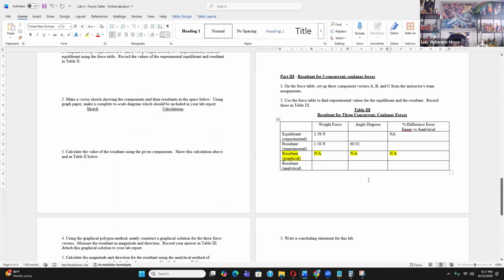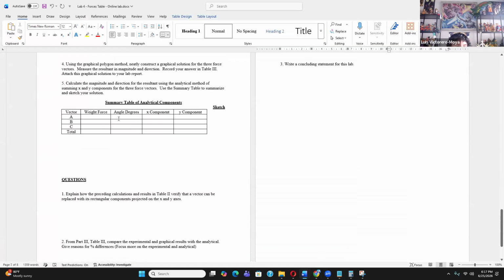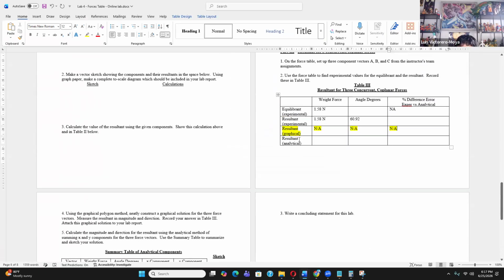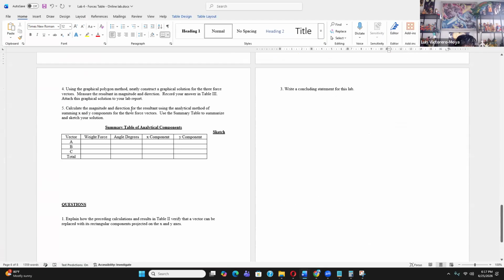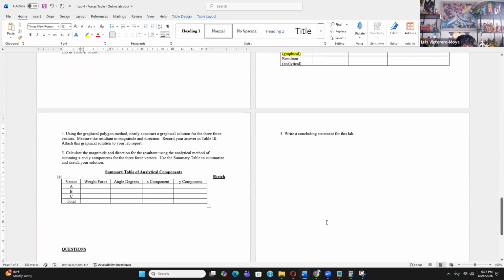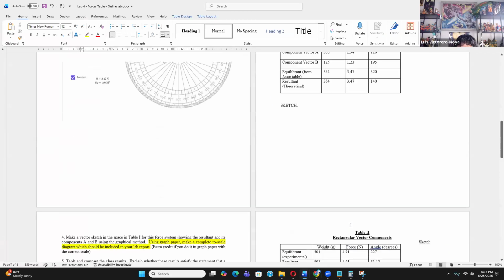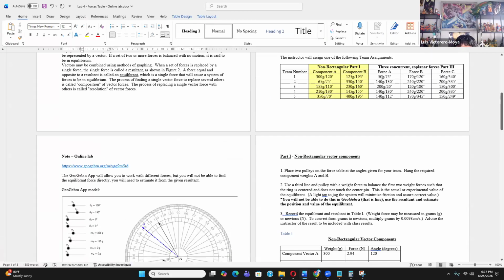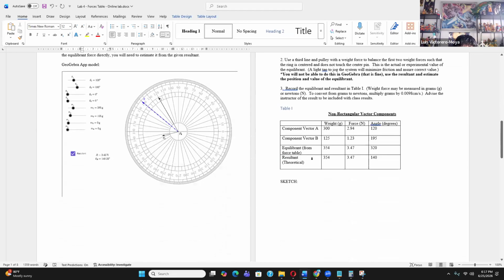That was here. Okay, so how do you do this? You need this to find the theoretical resultant. All right? So weight force. We need to do all the weight forces for all of these masses: 50, 170, and 160.